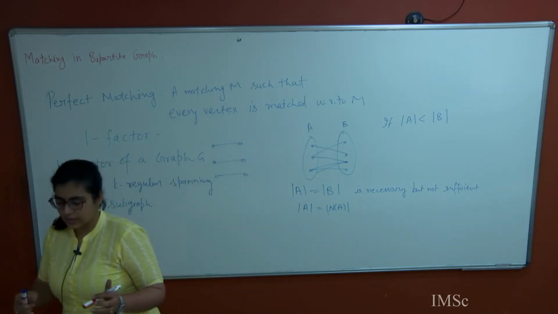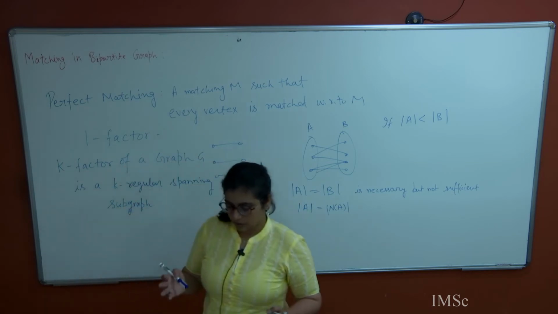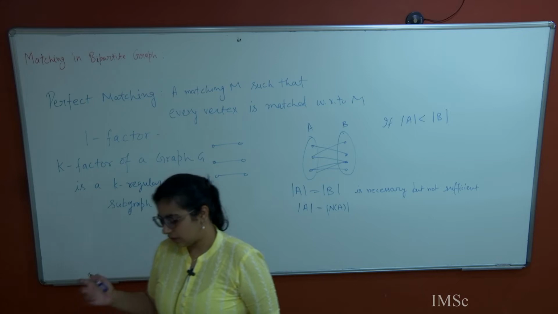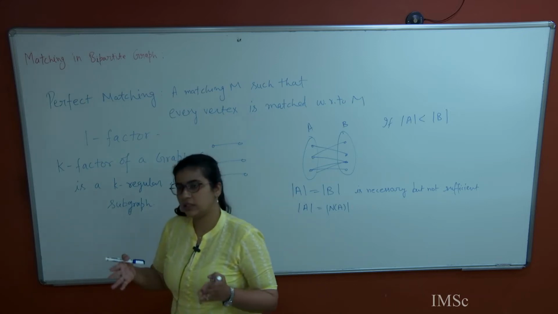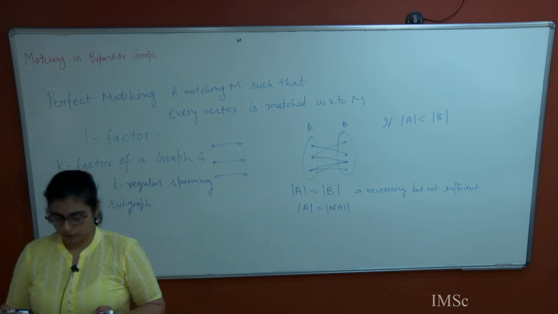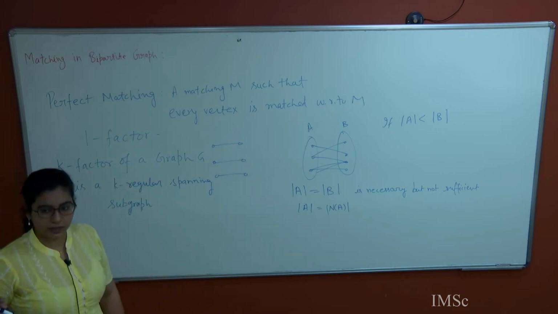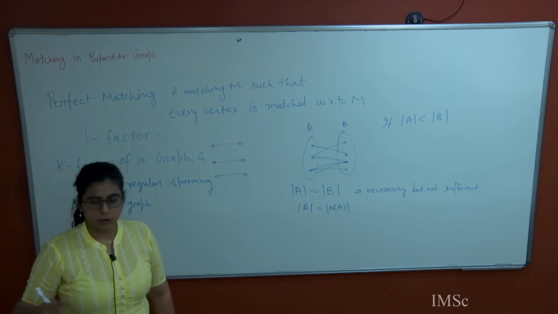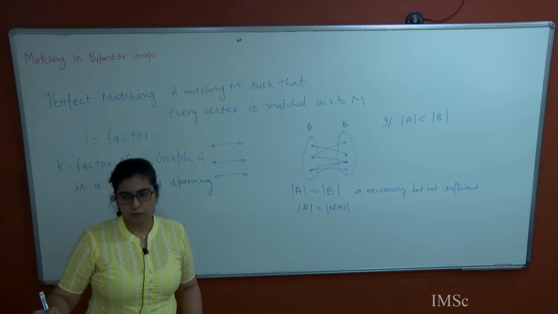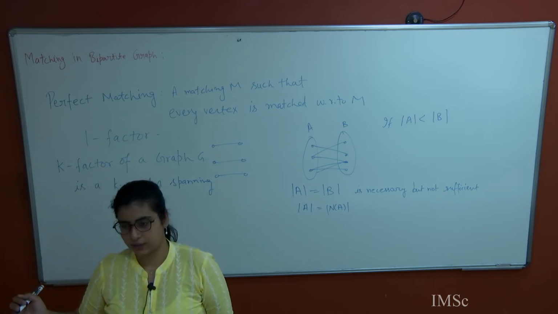Okay, so last time we started matching, and we gave a characterization for matching by augmenting paths: a matching is a maximum matching if and only if there is no M-augmenting path in the graph. We discussed matching in bipartite graphs, and we talked about Konig's theorem, which says that the maximum cardinality of a matching is the same as the minimum cardinality of a vertex cover in bipartite graphs.